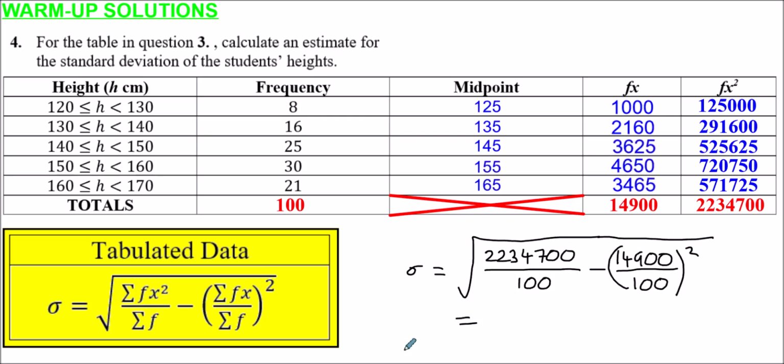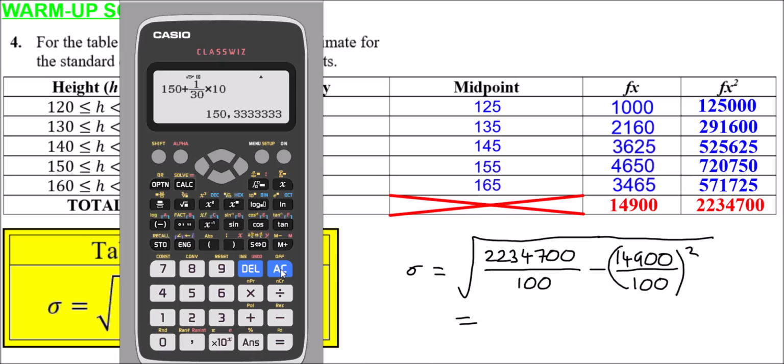So if we just use our class whiz at this stage, it's the square root of 2234700 over 100, then minus, put it in brackets, 14900, whoops, one too many zeros, all over 100, squared.